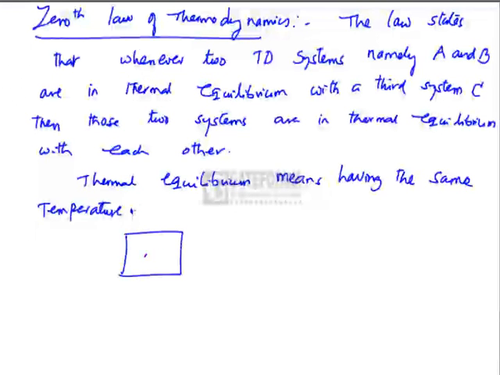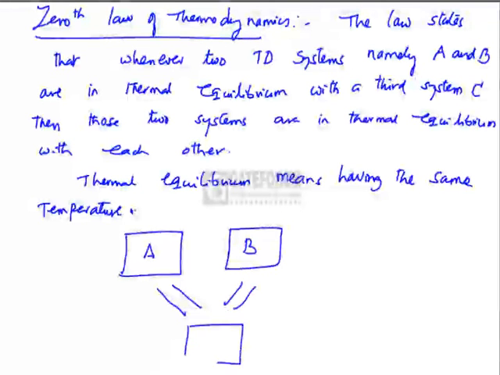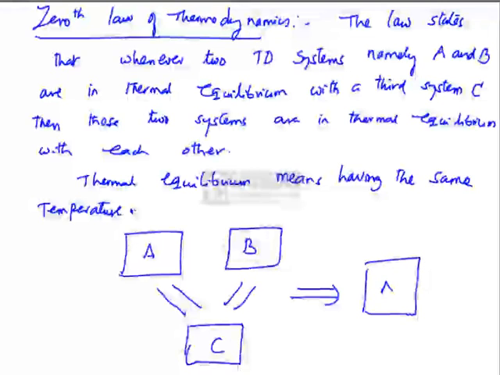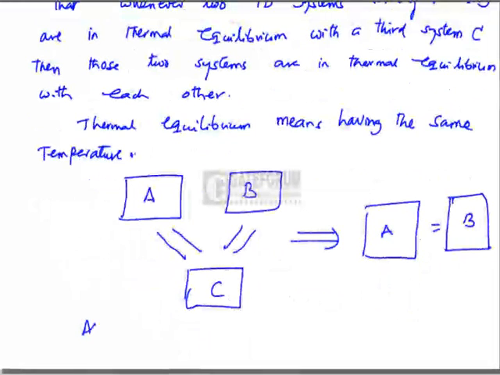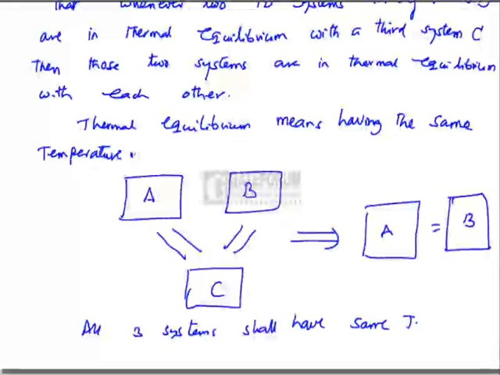As seen in the figure, if A and B are independently in thermal equilibrium with a third system C, it means A would be in thermal equilibrium with system B. All the three systems shall have the same temperature.